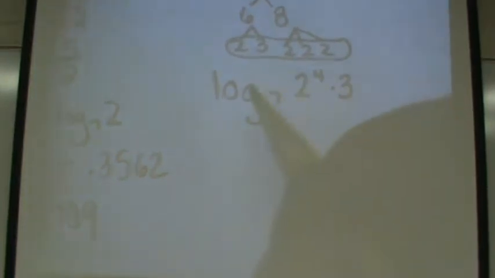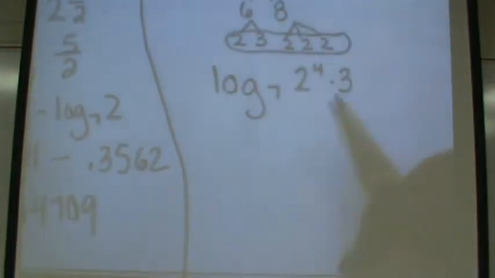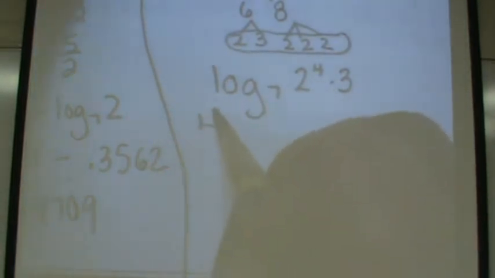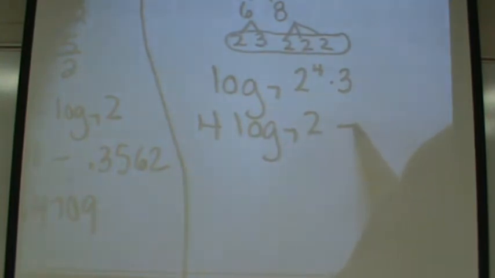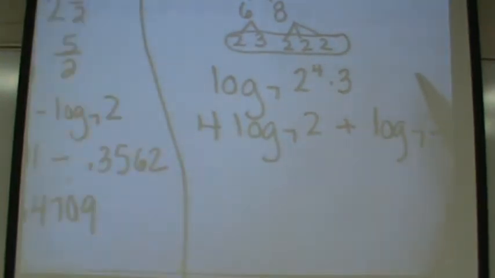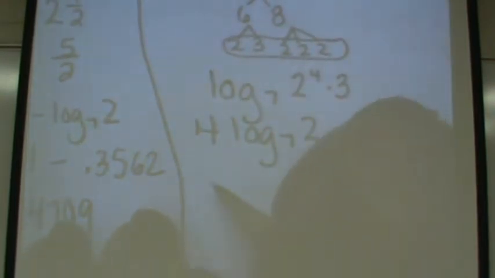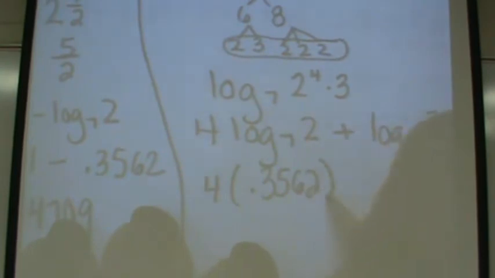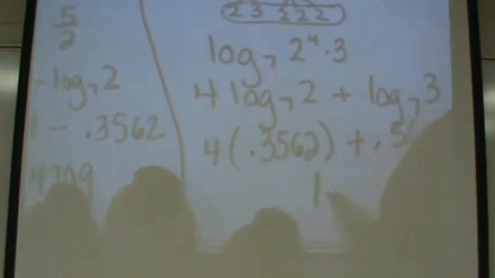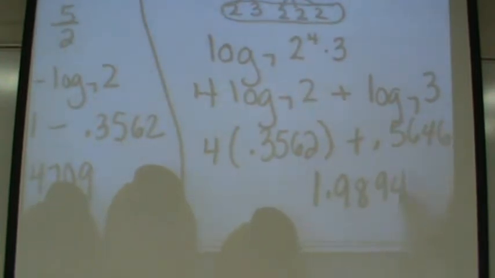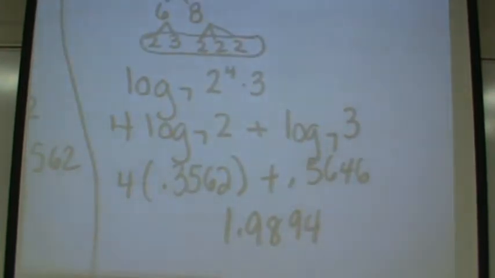So anyone have an idea what to do here? You're going to do 4 times whatever the log of 2 base 7 is. And you're going to add the log of 3 base 7. There you go. Questions?